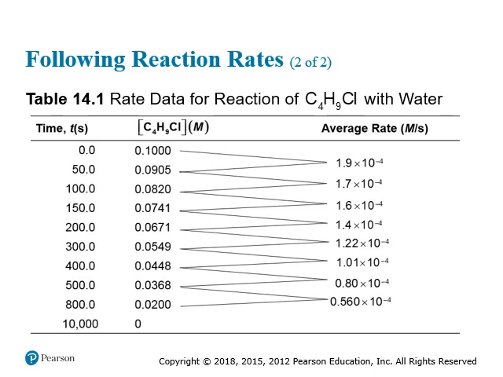If we employ that calculation, we will determine that the rate of reaction over the first 50 seconds is 1.9 times 10 to the minus fourth molar per second. In other words, we have lost 1.9 times 10 to the minus fourth moles per liter of butyl chloride per second.